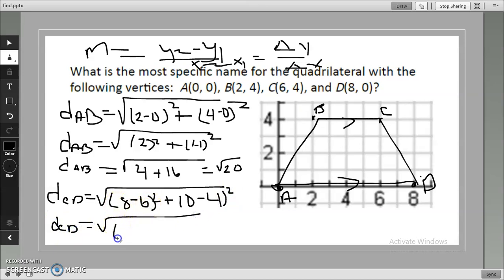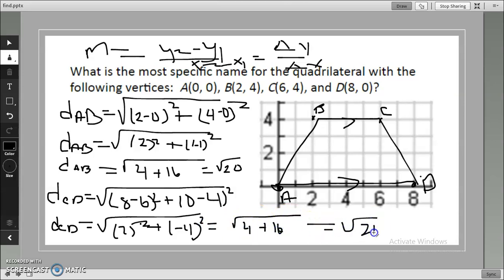Eight minus 6 is 2, so 2 squared plus negative 4 squared. And so I get 4 plus 16, which is the square root of 20. So they're equal. So this is not just a trapezoid, this is an isosceles trapezoid.